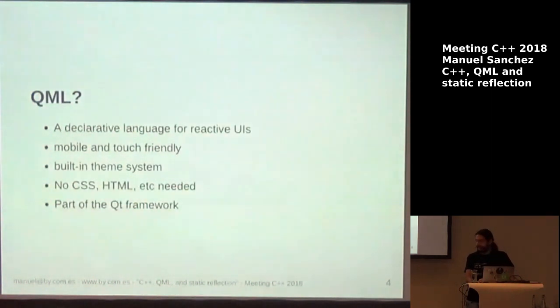The first of all is, okay, what's QML? QML is a declarative language to describe graphical interfaces in a relative way. Let's say you have a set of properties of your controls or your different UI components, and you write relationships between them.